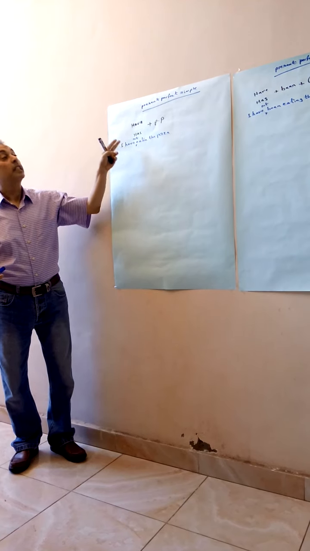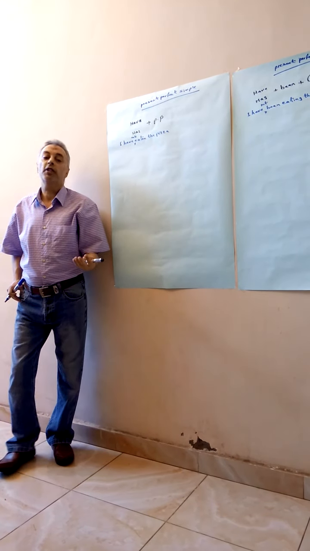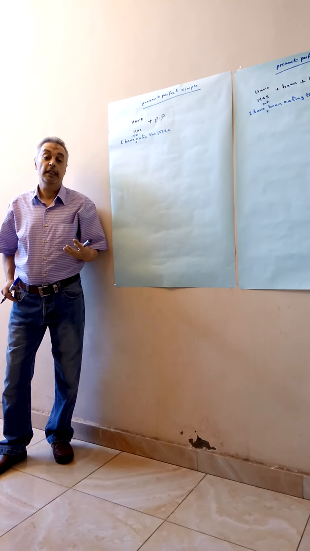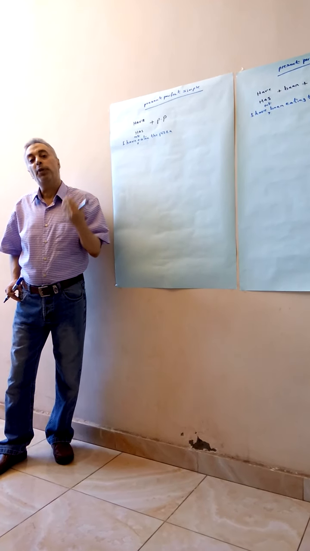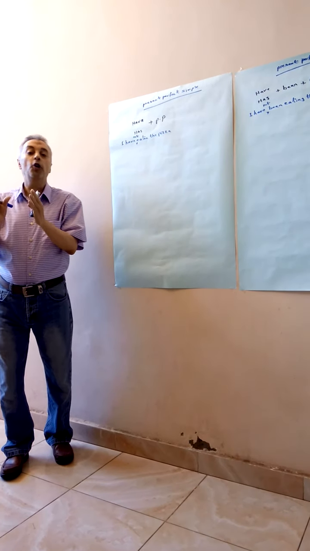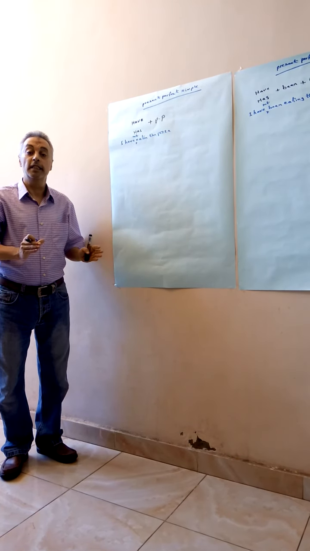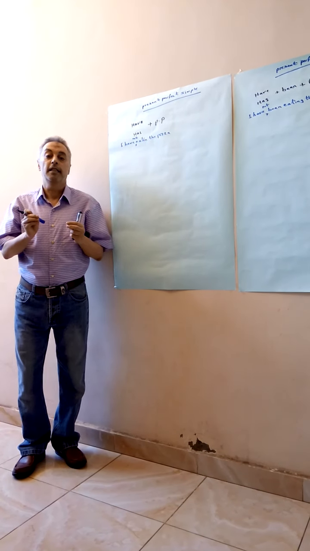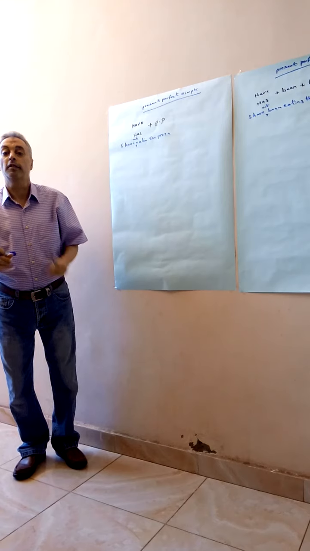Present perfect simple is used when we want to express a completed action, and we are focusing on the result. Here, the present perfect simple emphasizes the finished result.